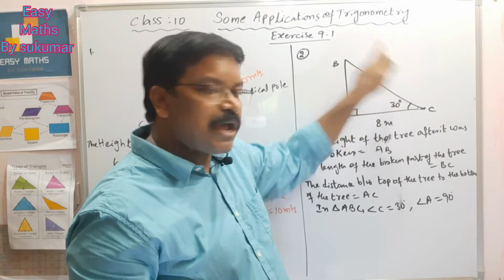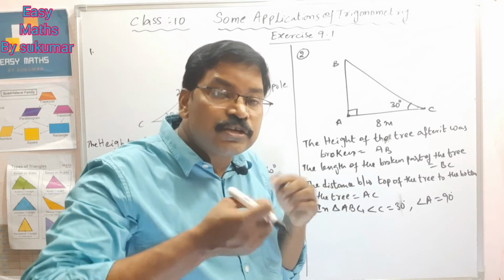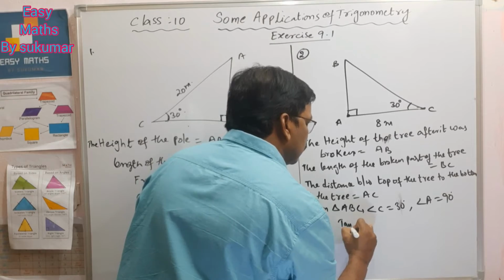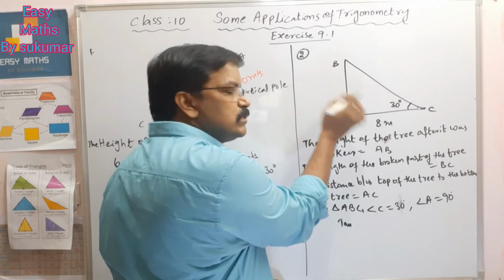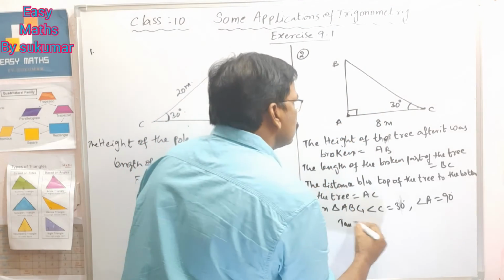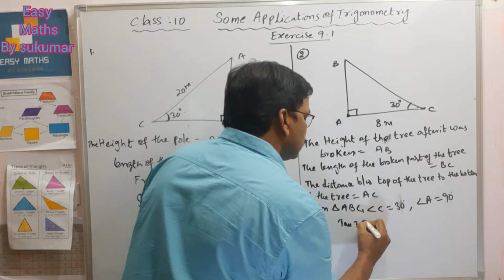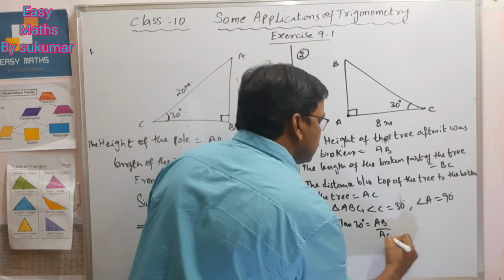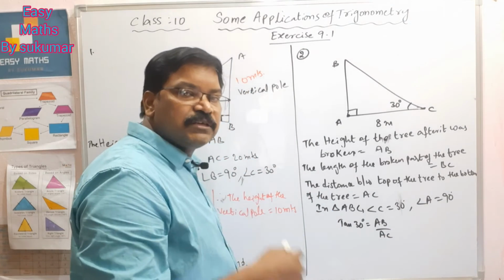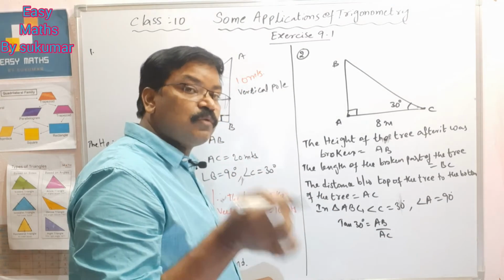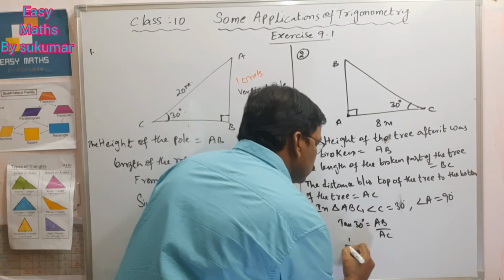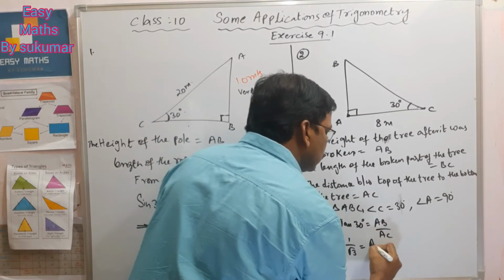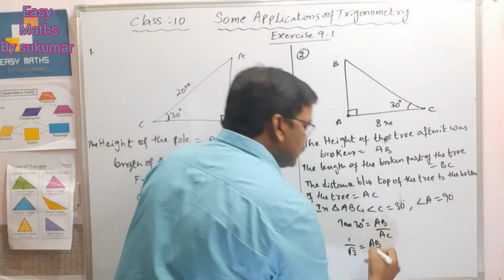Of course, this is the hypotenuse. So what ratio do we have to take here? Yes, tan, because it is the relation between opposite side and adjacent side. So tan 30 degrees is equal to AB by AC. What is tan 30? 1 by root 3. So 1 by root 3 is equal to AB, which is unknown, over AC, which is 8.